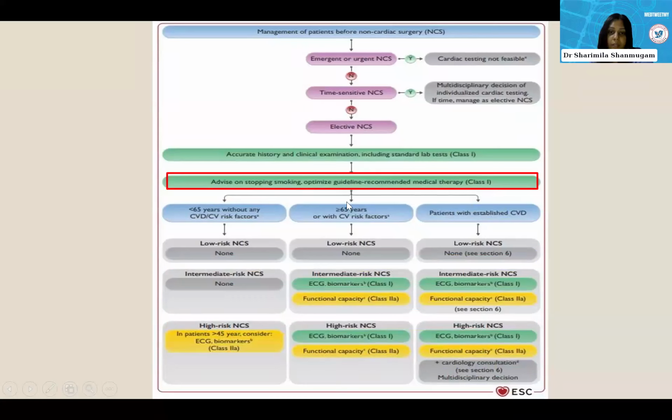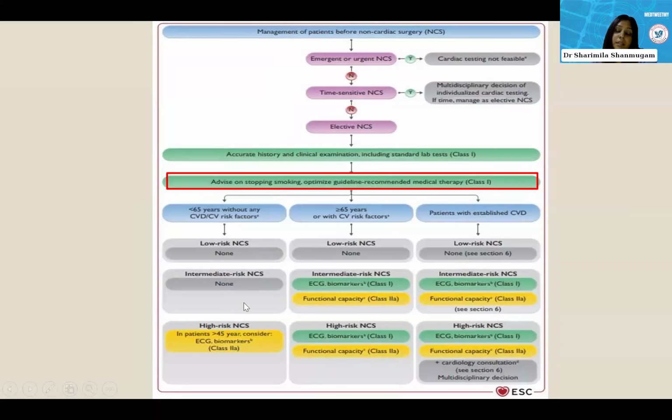Yeah, so this is the one that I'm telling you: if the patient is less than 65 years old with a low risk, you can stop there and proceed with the low risk non-cardiac surgery. Even for patients less than 65 years old with low or intermediate risk, we don't have to further stress the patient, right?